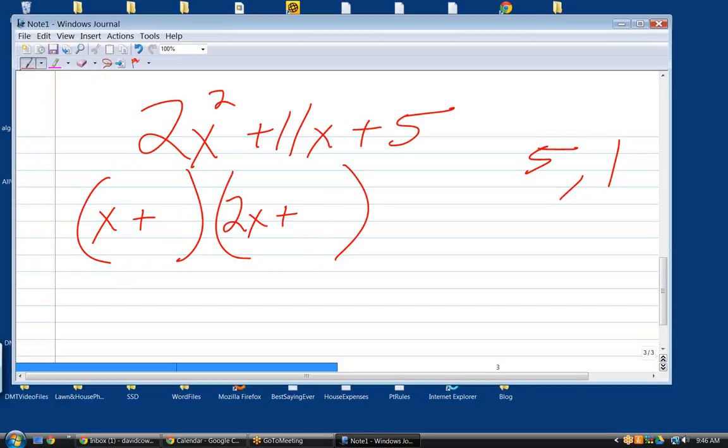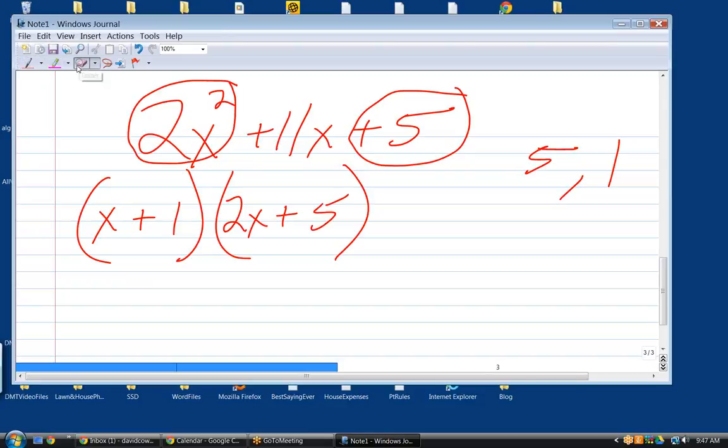We know that as long as we put in 1 and 5, we're going to have the correct term there. So at this point, it's trial and error as to whether or not we produce the middle term. So let's just try. There's 1, there's 5.